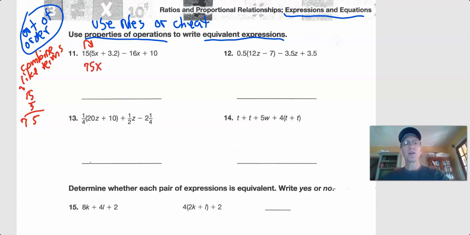And then you have to multiply 15 also times this thing, because it says multiply by both things inside the parentheses. And that's one of those rules you just got to know. Okay, and then we'll just do 3 and 2/10 like this. We don't have to do that decimal until we're all done at the very end. So 5 times 2, 10. 2 times 1 is 2 and 3.